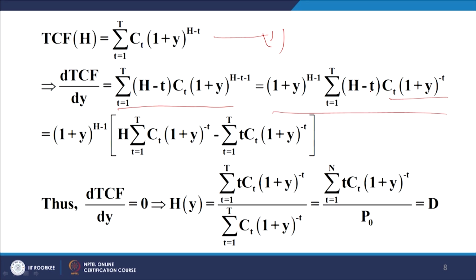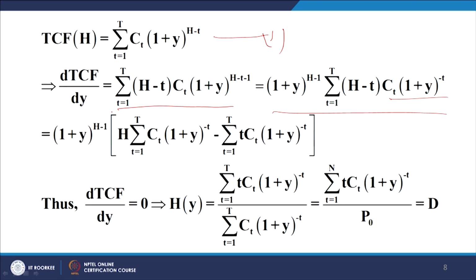Now, when I equate this expression to 0, when I work out dTCF upon dy equal to 0 and simplify, the prefactor goes away straight away, because the prefactor cannot be 0, and therefore the expression within the square brackets needs to be 0.